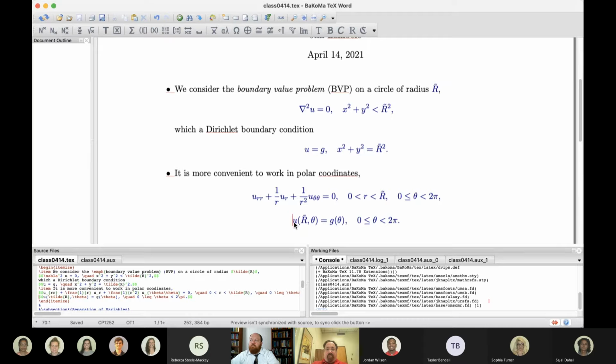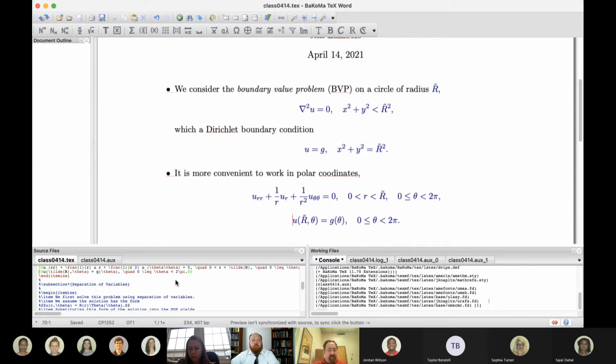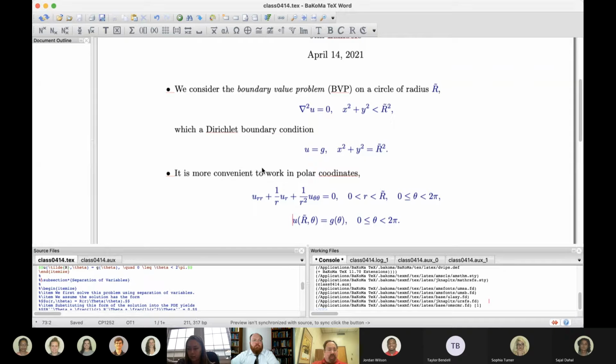And then our boundary condition is that when little r is equal to R tilde, then u is equal to g, and g has been expressed as a function of theta since it's defined on the circle. So to solve this problem, we can use separation of variables like we have elsewhere.